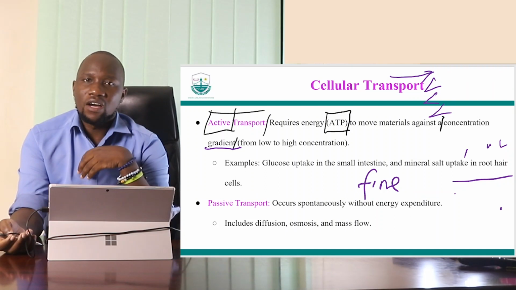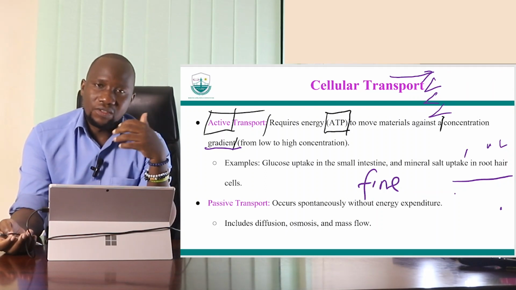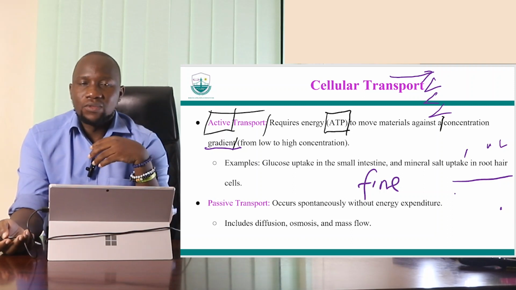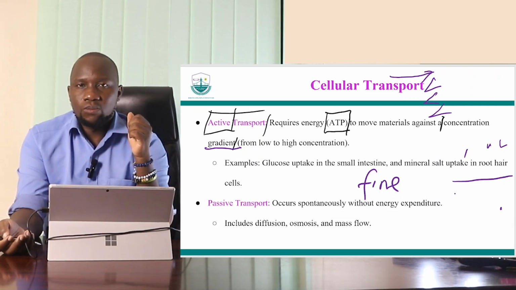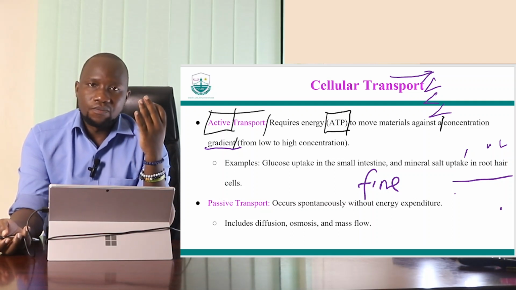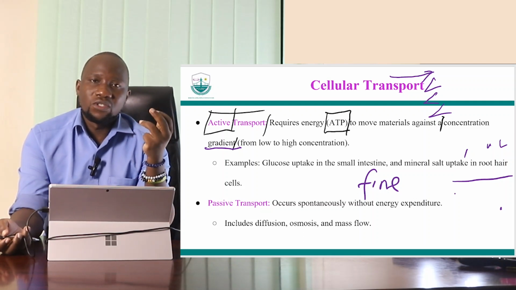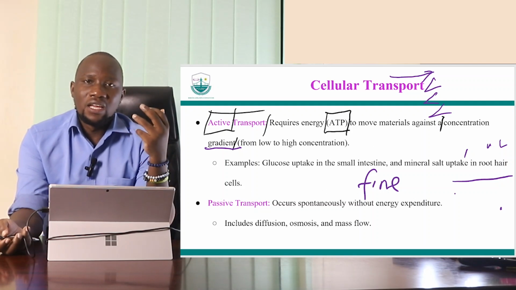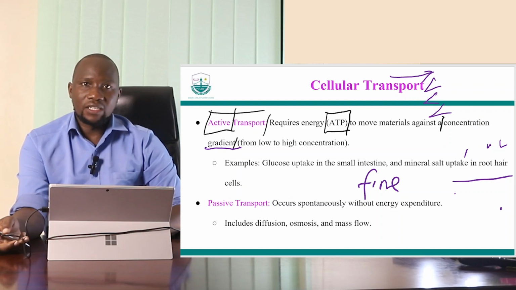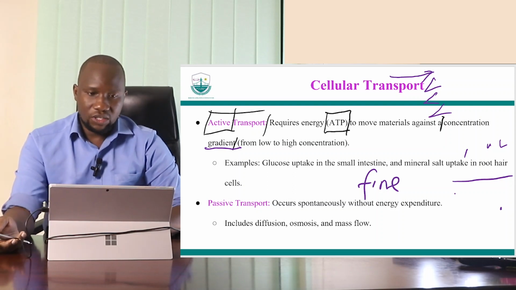So they need to have internal transport systems. And we have highlighted that we have two mechanisms of transporting materials: passive transport, with no energy required, and then active transport, with energy being required, and it is always against the concentration gradient.